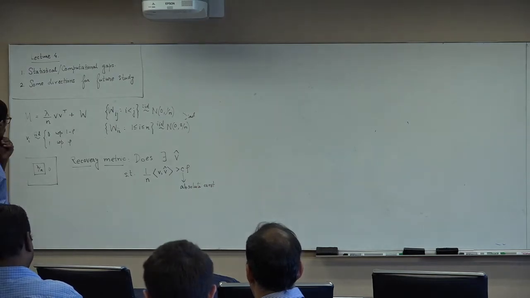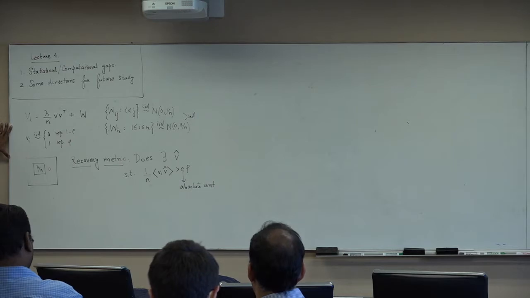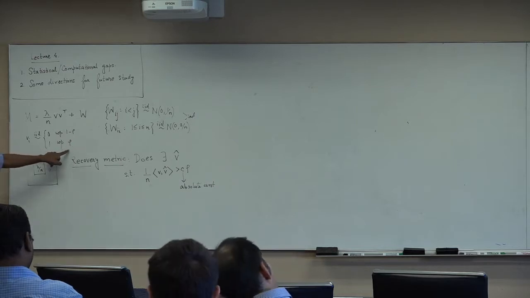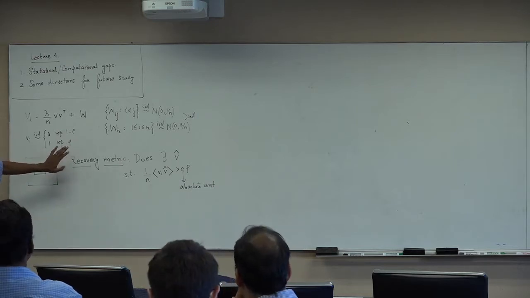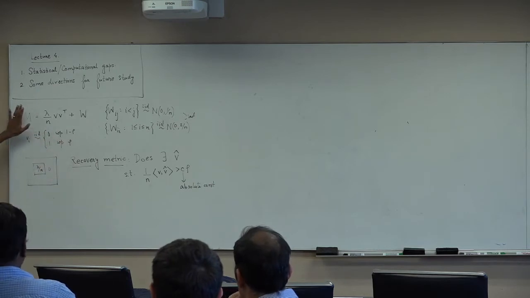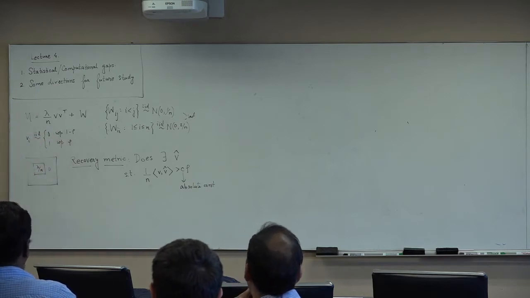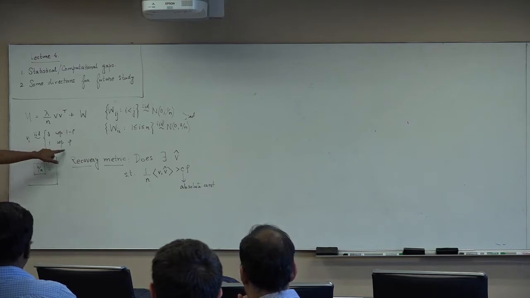And so when is this problem of interest? This problem comes from applications known as sparse PCA. The most interesting regime is when rho is a constant but very small. So think of an iterated limit where first n is very large and then rho is very small.